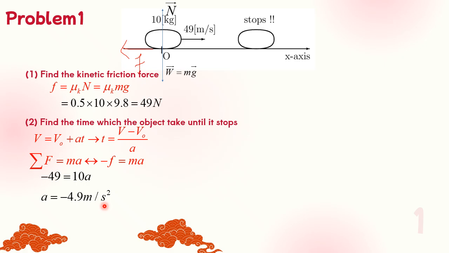It means that in 1 second its speed decreases by 4.9 meters per second. So we plug in all the information. The final velocity is 0, minus 49 the initial velocity, divided by its acceleration, so it's 10 seconds.